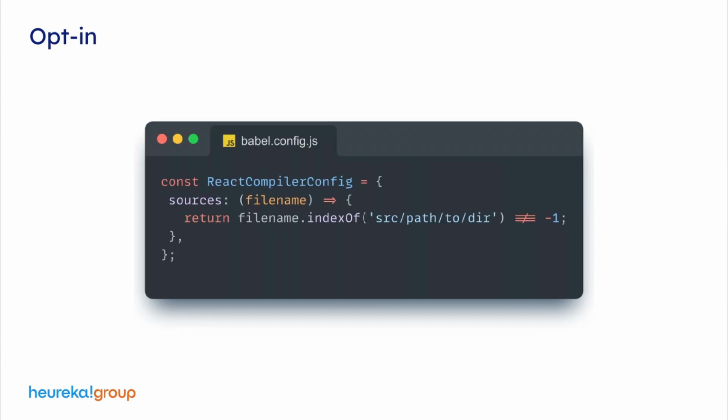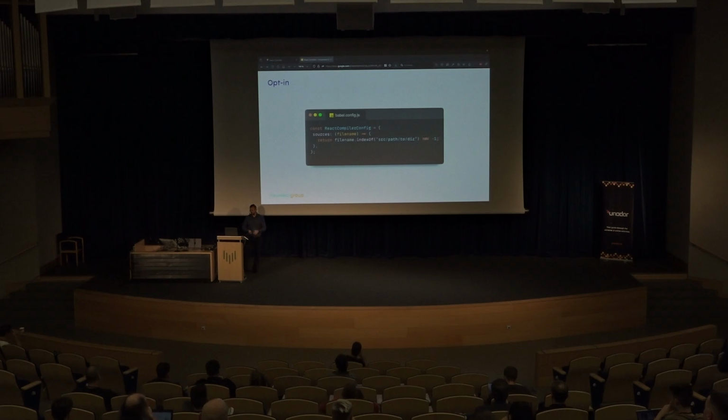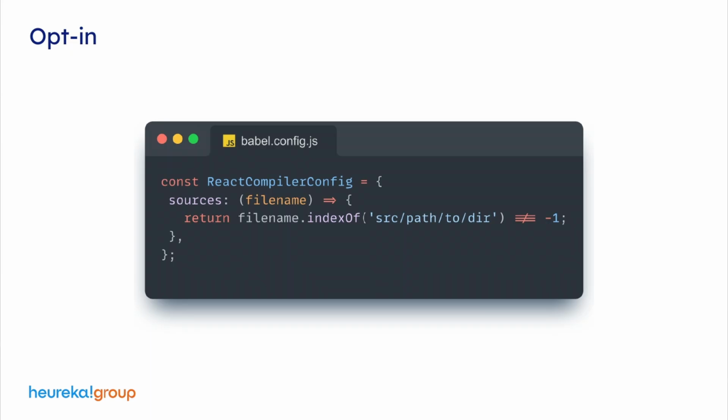So we can opt in the compiler to just a few components. Otherwise, by default it will be available for all components in your code base, and they will be automatically compiled. You can opt in just a few components, or some directories, by this config with the definition of sources.